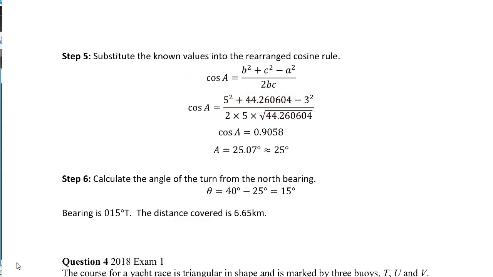Substituted it all in, 5 squared, c squared, 25 degrees. So calculate the angle of the turn from north bearing, so it's 15 degrees. So our final answer is that the bearing is 15 degrees true. You can see I've got the 0 there to make it 3 digits. And the distance covered is 6.65 kilometers.